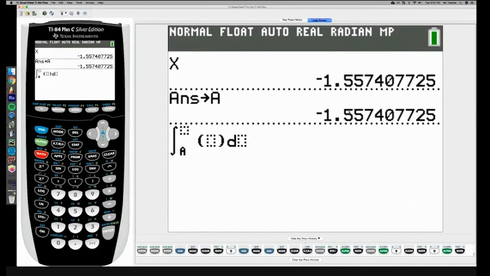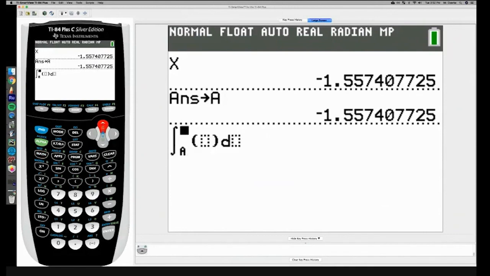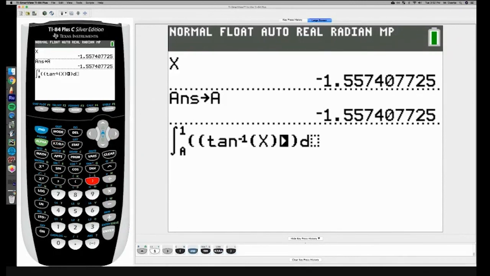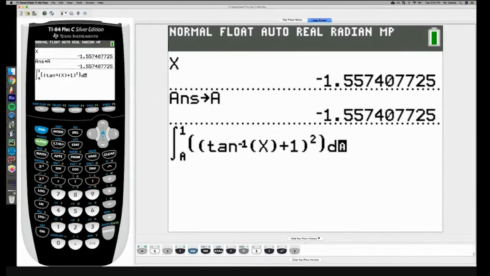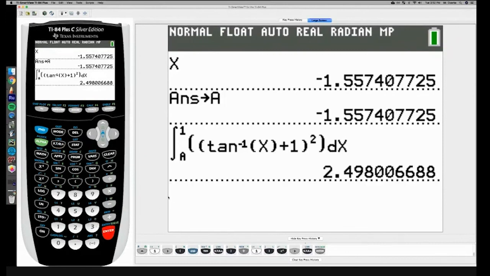If you don't put A there, you can just write that whole number down. I'm just being lazy. It's not lazy, it's smart, really. Okay, arctan of X plus 1, and that's quantity squared, dx, 2 point something. There you go. 2.498.